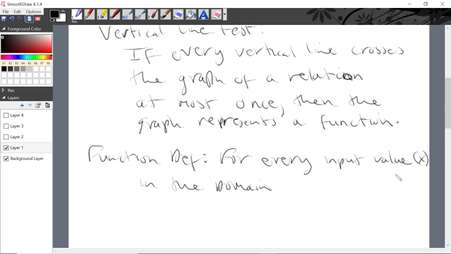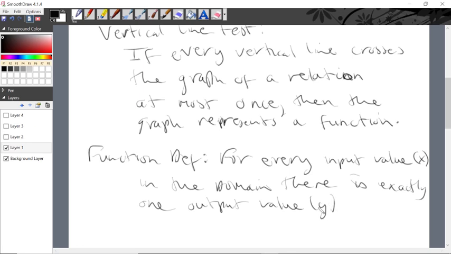For instance, t is quite common as an input value as well, t expressing time in many cases. But for every input value in the domain, there is exactly one output value, which generally would be y, but does not always have to be y, in the range.